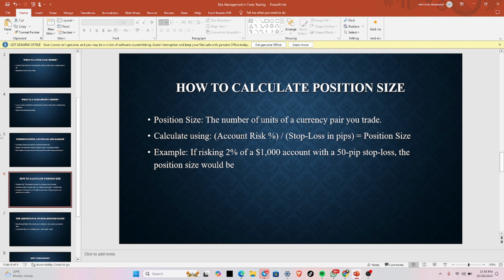If, for example, I'm operating a $100,000 account and I'm expecting to use maybe 20 pips, that means I should be risking around $5,000 on that trade, because $100,000 divided by 20 is $5,000.